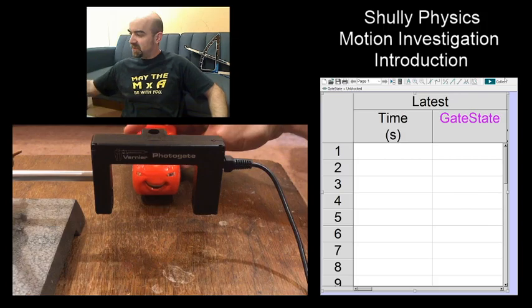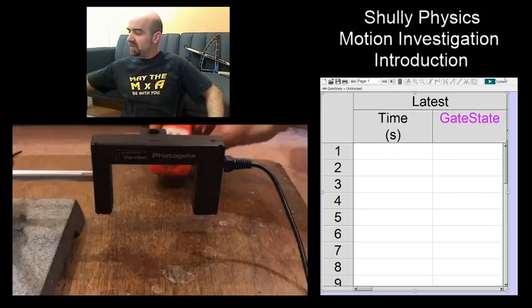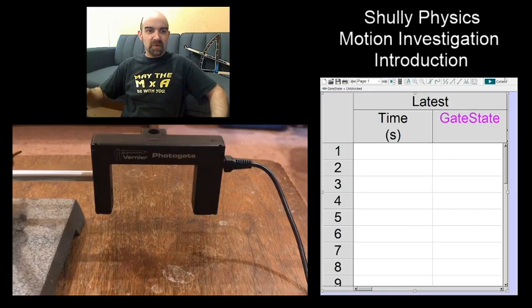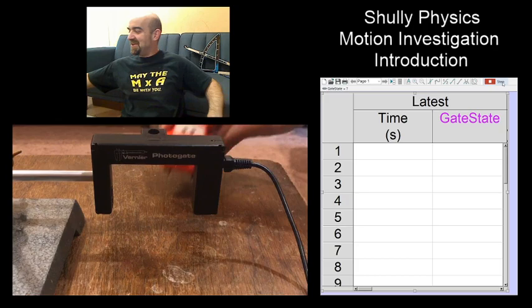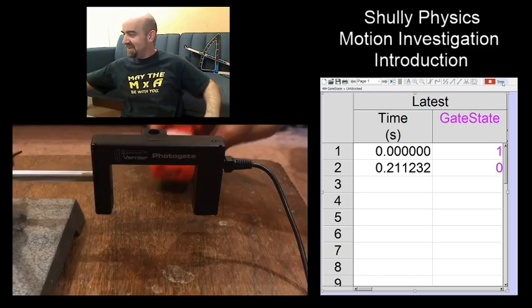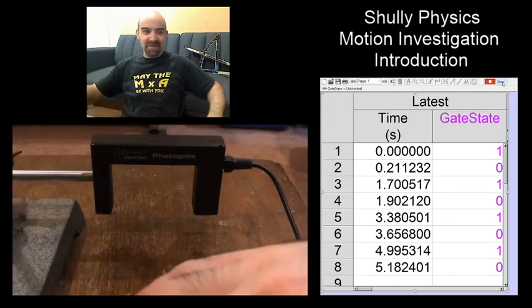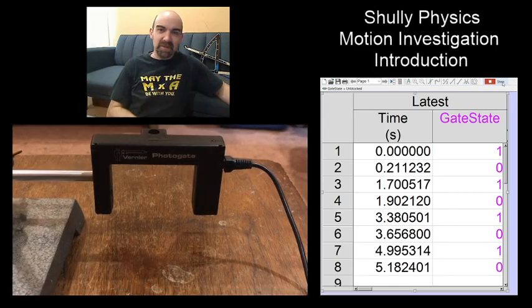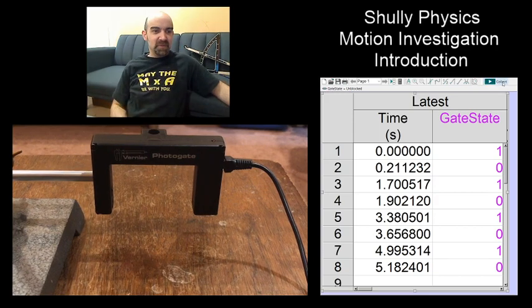It's going to go through the first gate, then the second gate, then the third gate, then the fourth gate. Well, let me try that again. Collect. Let's get through the first one. There we go. The second one, the third gate, and the fourth gate. So you'll get 8 pieces of data, and you'll see blocked, unblocked, blocked, unblocked.